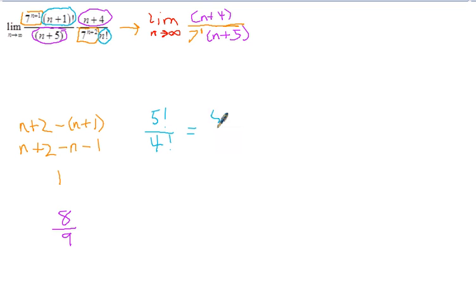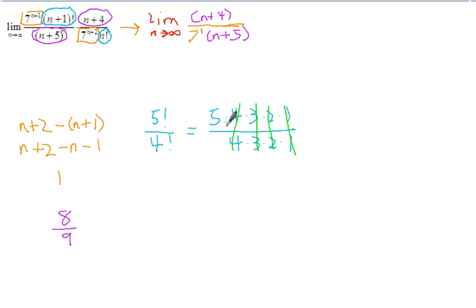Well, 5 factorial would be 5 times 4 times 3 times 2 times 1. 4 factorial would start with 4 times 3 times 2 times 1. And then notice what we reduce here. 4 divided by 4 is 1, 3 divided by 3, 2 divided by 2. So all that's left is 5 on the numerator.